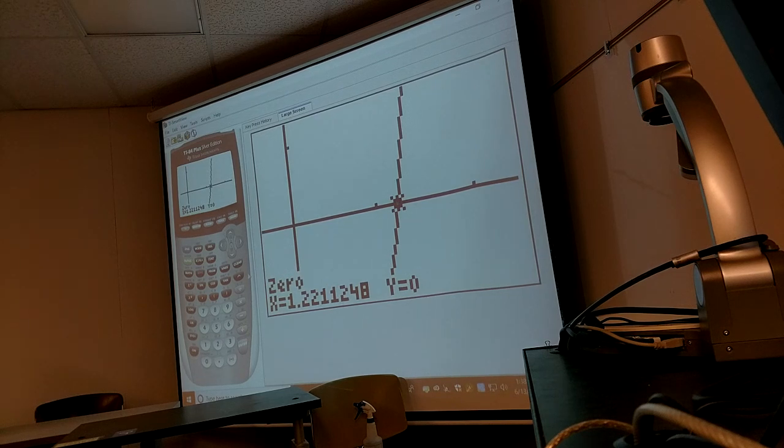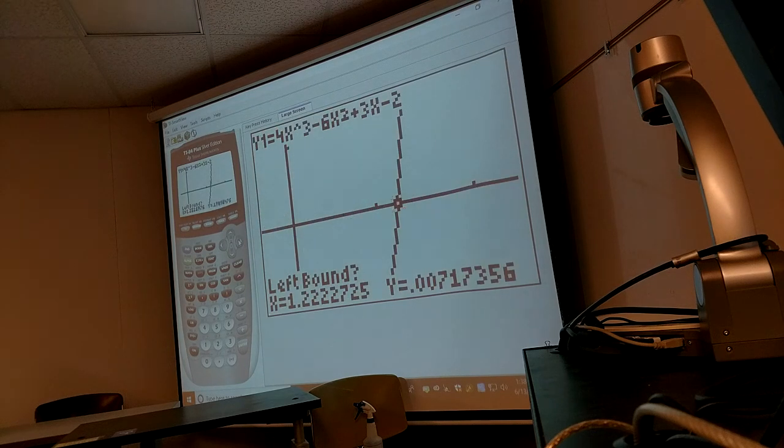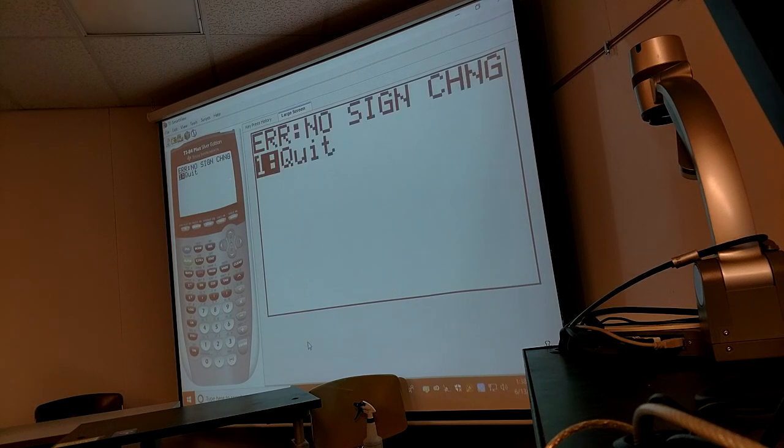But watch, I'm going to make a mistake on purpose. I want you to see the error it gives me. So if I do find the 0 again, and I give it the left bound of this and the right bound of that, do you see how that's completely wrong? And my guess is in there. It's going to say, you better not do that. No sign change.